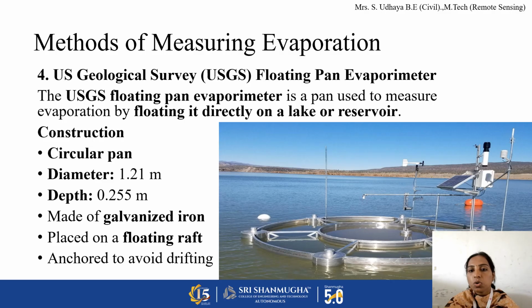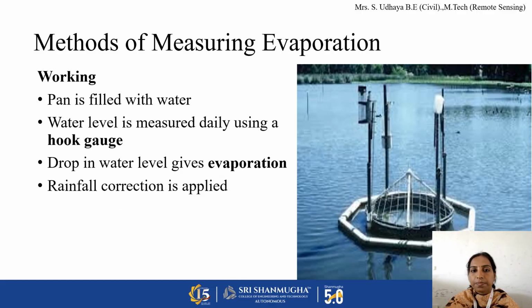It floats in the lake or reservoir in order to replicate the exact temperature, climatic conditions and physical factors. It faces similar conditions to the water body, and it is anchored in order to avoid drifting or wind movements.